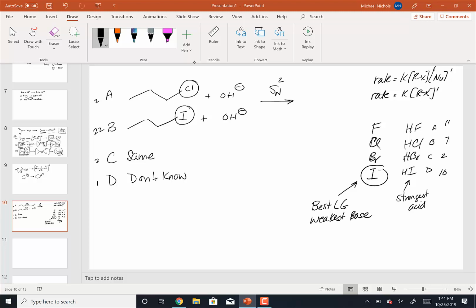Horizontally, it's going to be the strongest base. But when we go down the periodic table, what happened? Polarizability took over, and so what is I minus? It's the strongest nucleophile because it is the most polarizable, and I even heard squishy during the discussion. So that led us to say that I minus was the best nucleophile of the halogens. So it is not only the best leaving group, it is also the best nucleophile of the halogens.